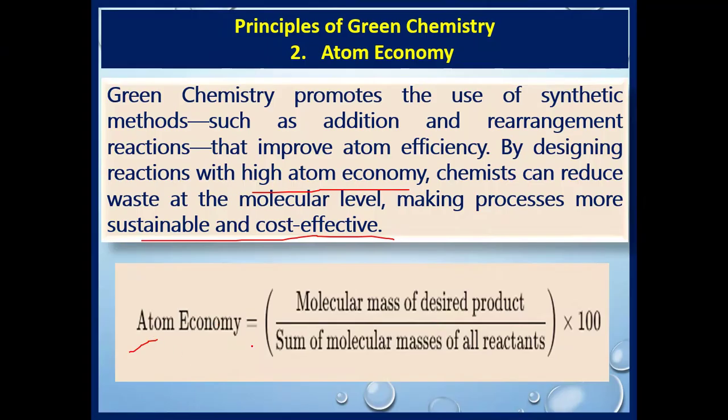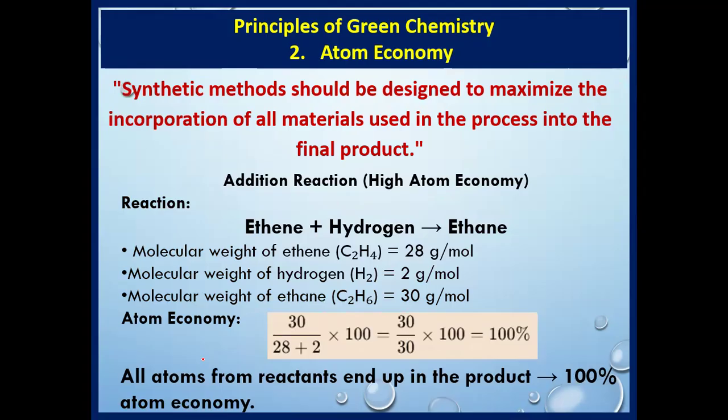Atom economy is equal to the molecular mass of the desired product divided by the sum of the molecular masses of all the reactants, multiplied by 100. So this is the formula through which we can calculate the atom economy of any reaction. So let us take the example of one addition reaction.